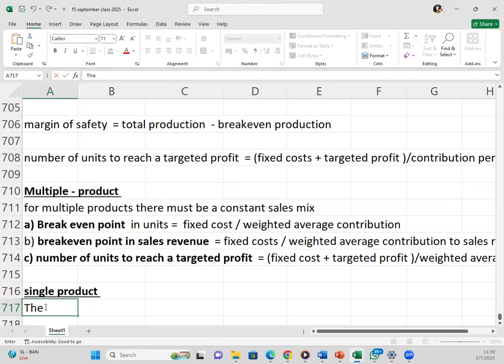The company makes product P and the following information has been provided.